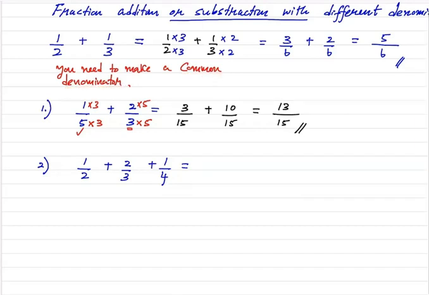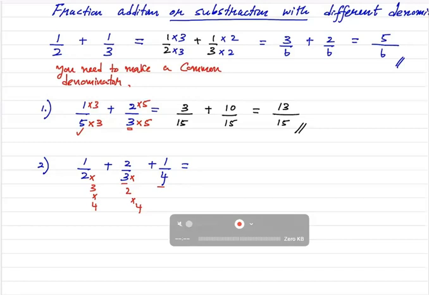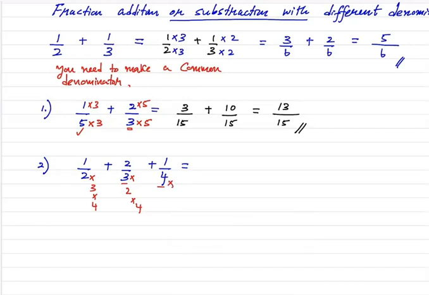To make a common denominator, the strategy is you multiply this one with these two, 3 and 4. You multiply this one with the rest, 2 and 4. And 4 you multiply by the rest, which is 2 and 3. You have to do the same thing to the top. For the first, I copy 3 and 4; for 2, I copy whatever I have in the bottom, 2 and 4; here, 2 and 3.